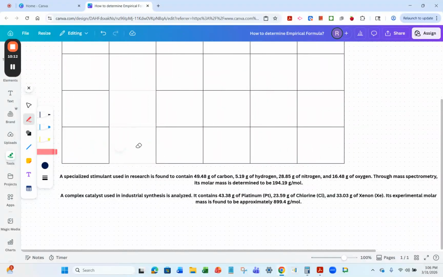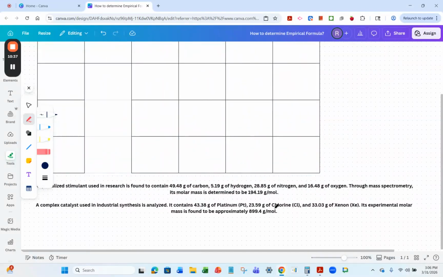The next question is, a complex catalyst used in the industrial synthesis was analyzed. It contained 43.38 gram of platinum, 23.59 gram of chlorine, and 33.03 gram of xenon. And its experimental molar mass is 899.4 gram per mole.